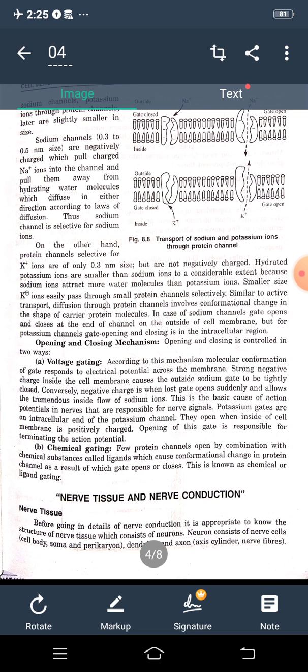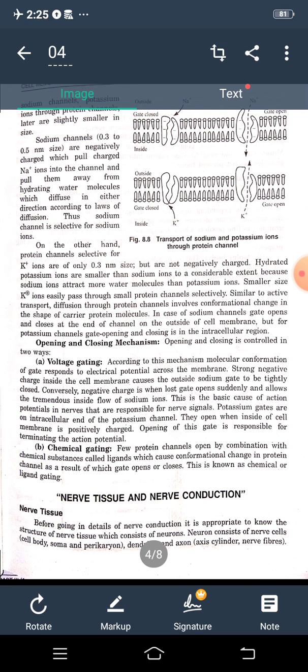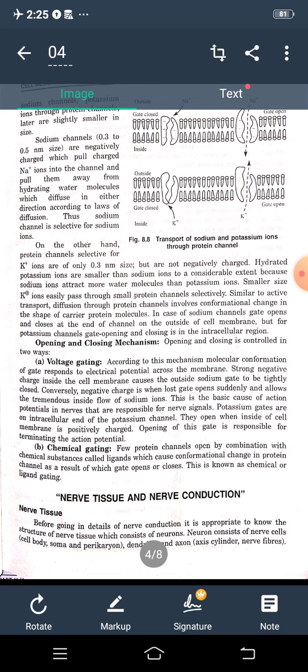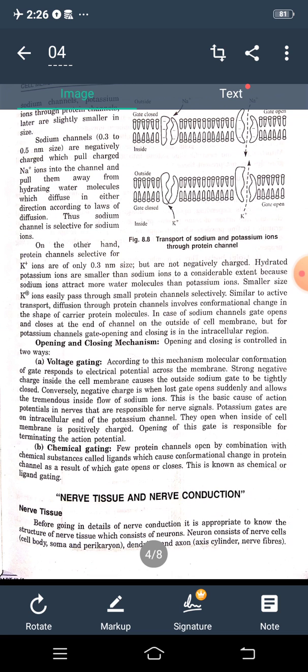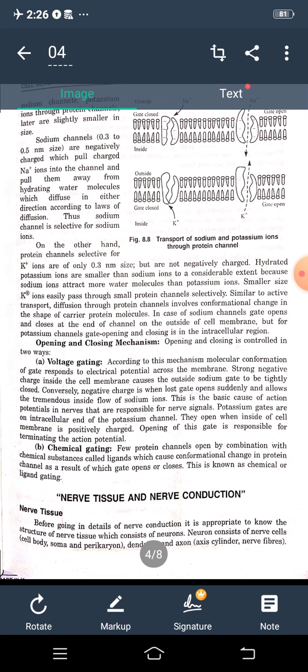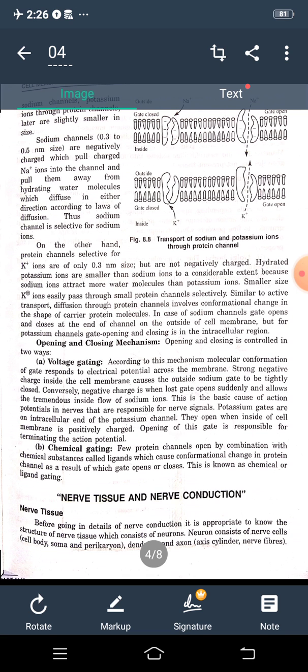Similarly to active transport, diffusion through the protein channels involves conformational changes in the shape of the carrier protein molecules. In case of sodium, the channel gate opens and closes at the end of the channel on the outside of the cell membrane. Opening and closing is controlled in two ways. First, voltage gating. According to this mechanism, the molecular conformation of the gate responds to electrical potential across the membrane.